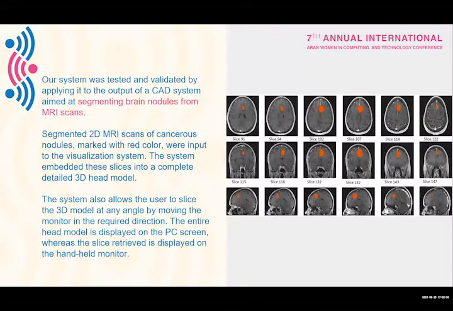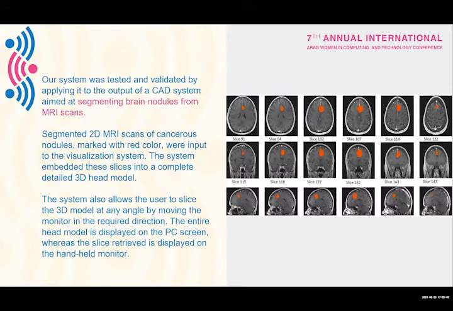So moving on to the results, during the testing stage, our system was tested and validated by applying it to the output of a CAD system aimed at segmenting brain nodules from MRI scans. The segmented 2D MRI scans of the cancerous nodules were marked with red and were input to the visualization system.